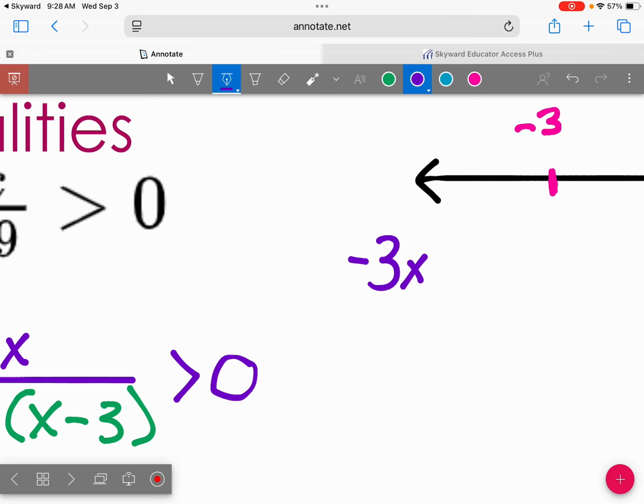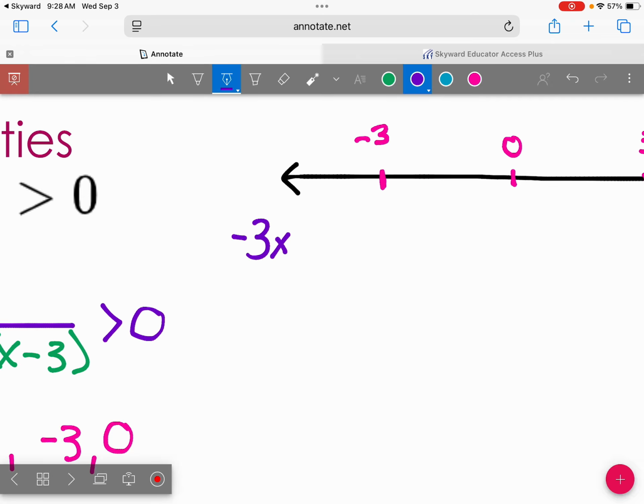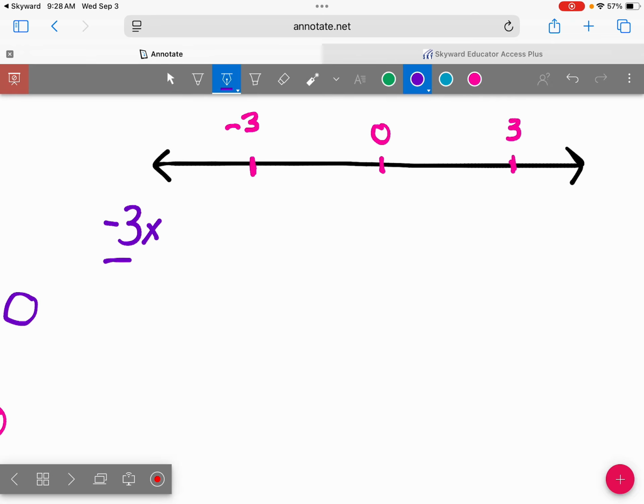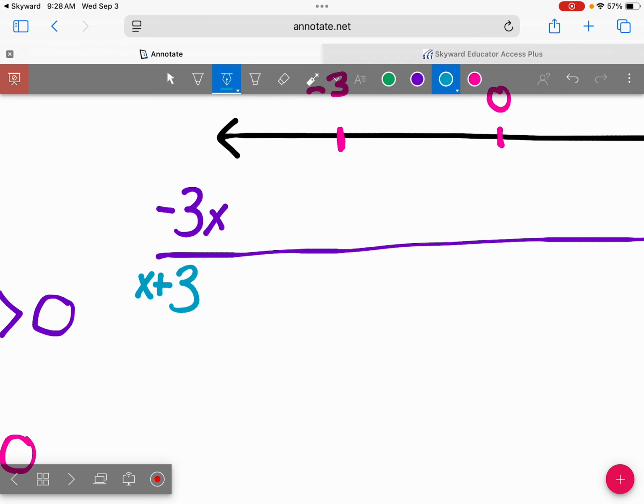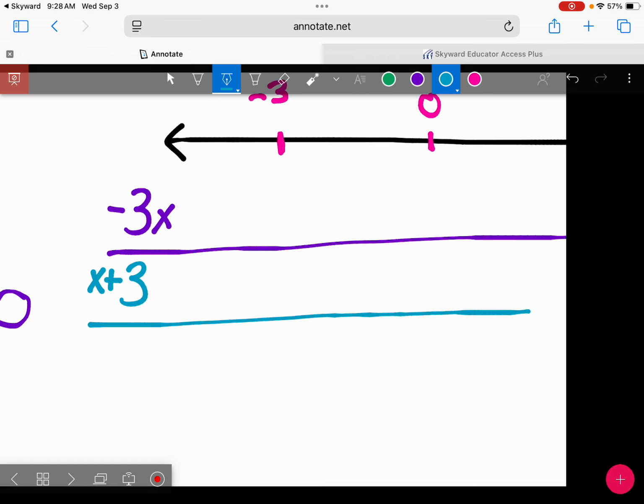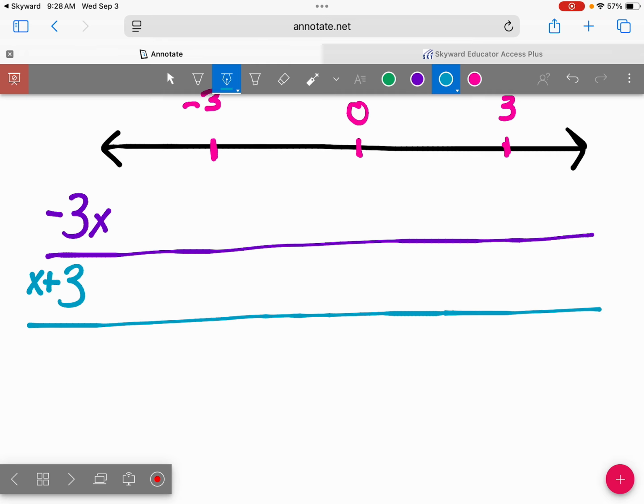You need to have it in your positivity table because it's going to play games with all your signs. So our negative 3x is one of our factors. And we're going to have from our denominator our x plus 3, and from our denominator our x minus 3.